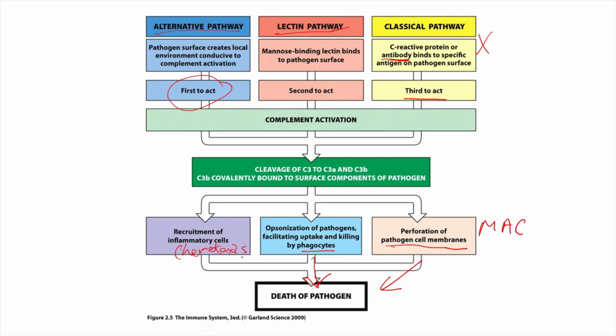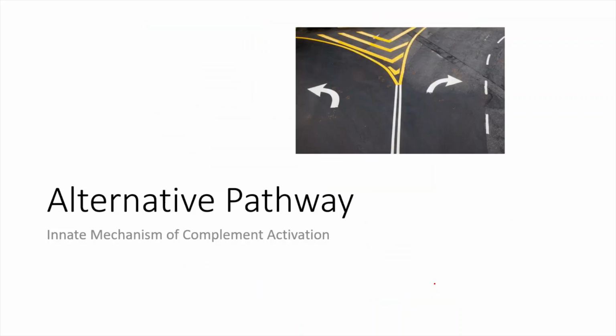So you get more cells to do all these jobs. They all go hand in hand and ultimately lead to death of the pathogens. To be more precise, these pathogens are usually bacteria for this type of innate system.